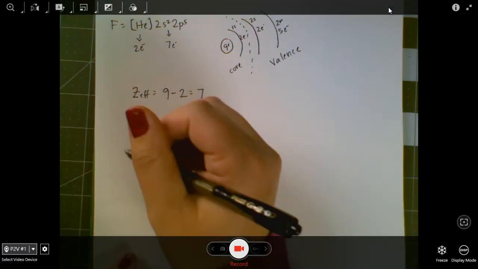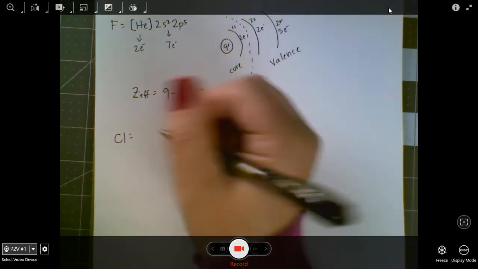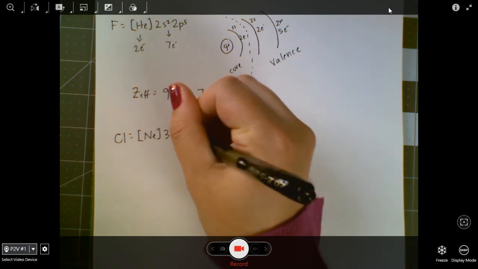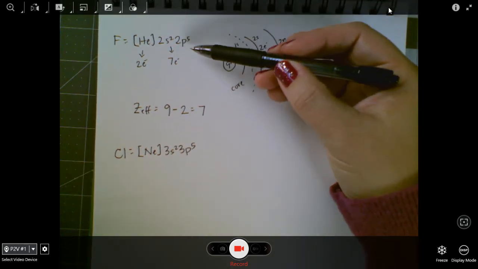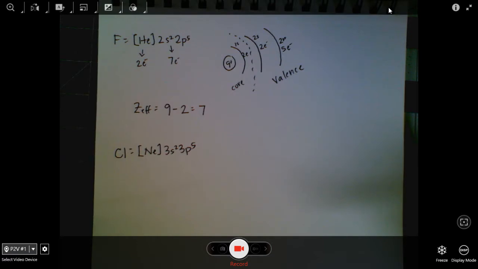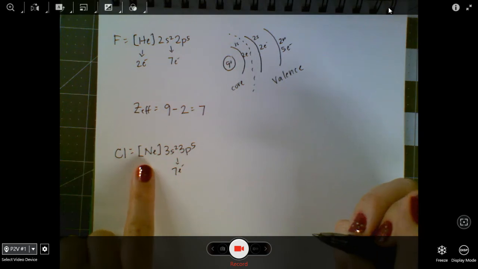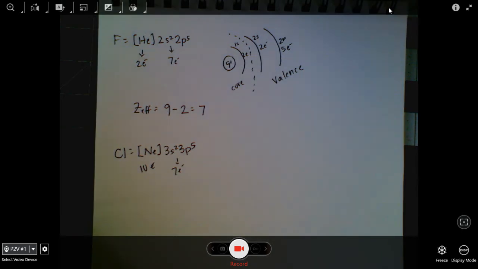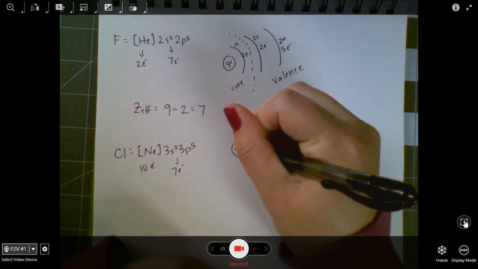Now, moving on to chlorine, its downstairs neighbor. Chlorine's electron configuration is neon in brackets, and then 3s2, 3p5. If you compare these two electron configurations, they honestly look pretty darn similar. We have 7 valence electrons. We have, in this case though, for neon, 10 electrons for our core. So that is maybe going to cause us a little bit of a problem, but we'll check it out. I'm going to do the drawing anyways. We've got 17 positives here.